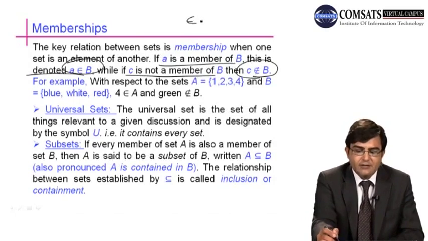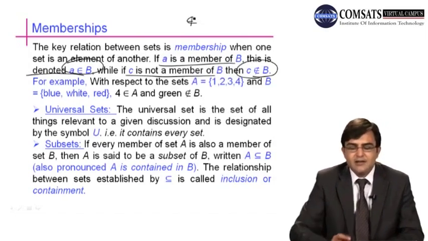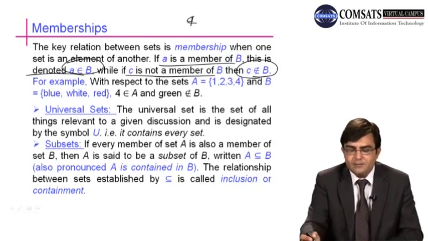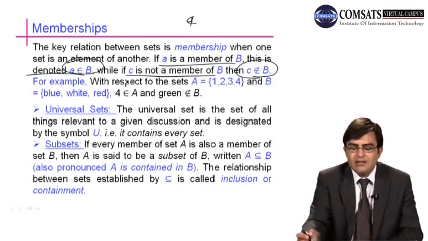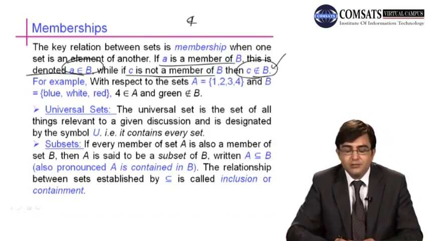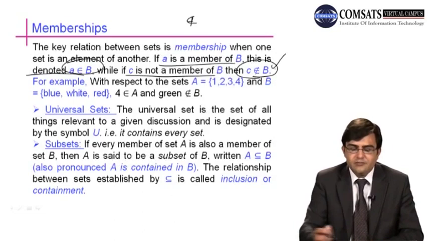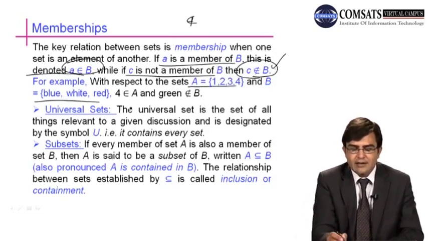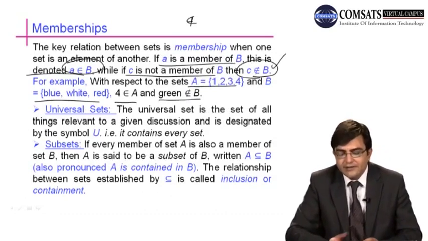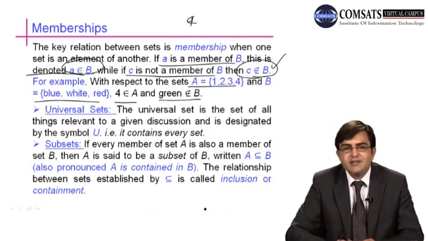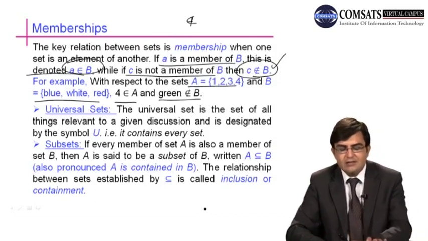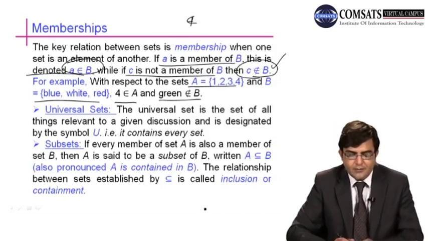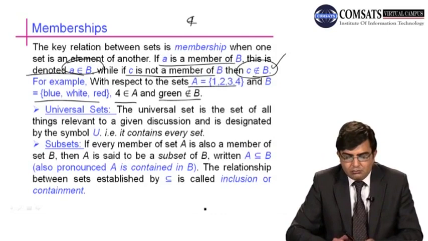This means belongs, and if we cross it by a bar, it means C doesn't belong to B. For example, with respect to sets A and B, 4 belongs to A and green doesn't belong to B, because green is not in the B set. So this is basically the membership.